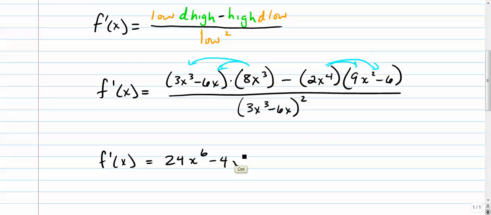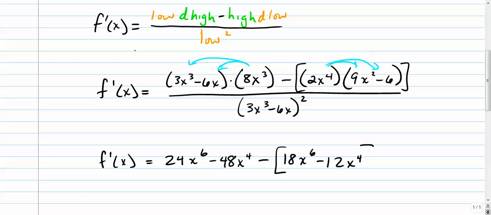Oh, I forgot an 8, looks like. 48x to the fourth minus, and then we'll put brackets around this, 2 times 9 is 18x to the sixth minus 12x to the fourth. I put brackets around it because this minus sign is pretty important. That's going to affect everything after it.